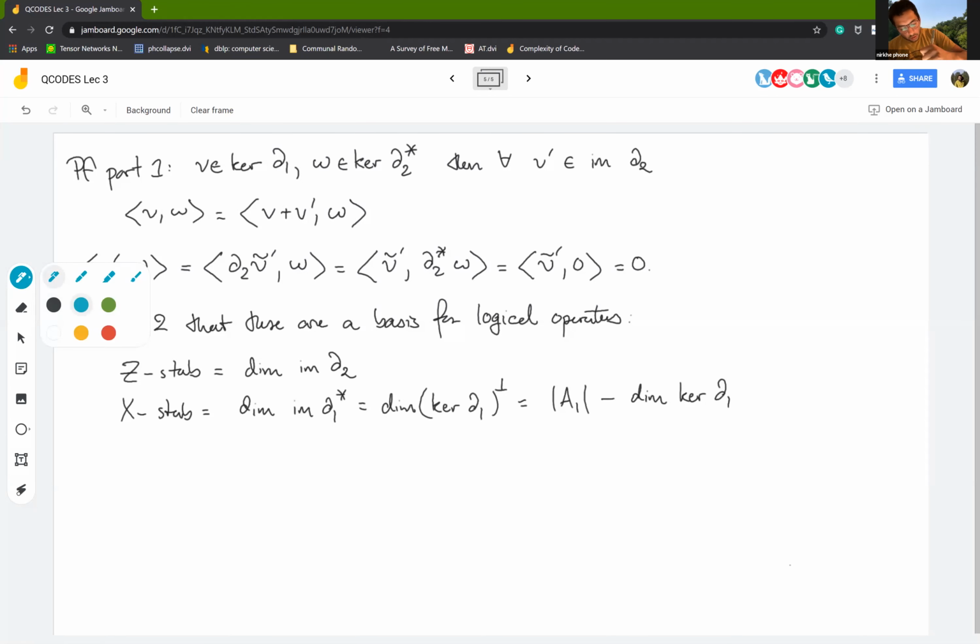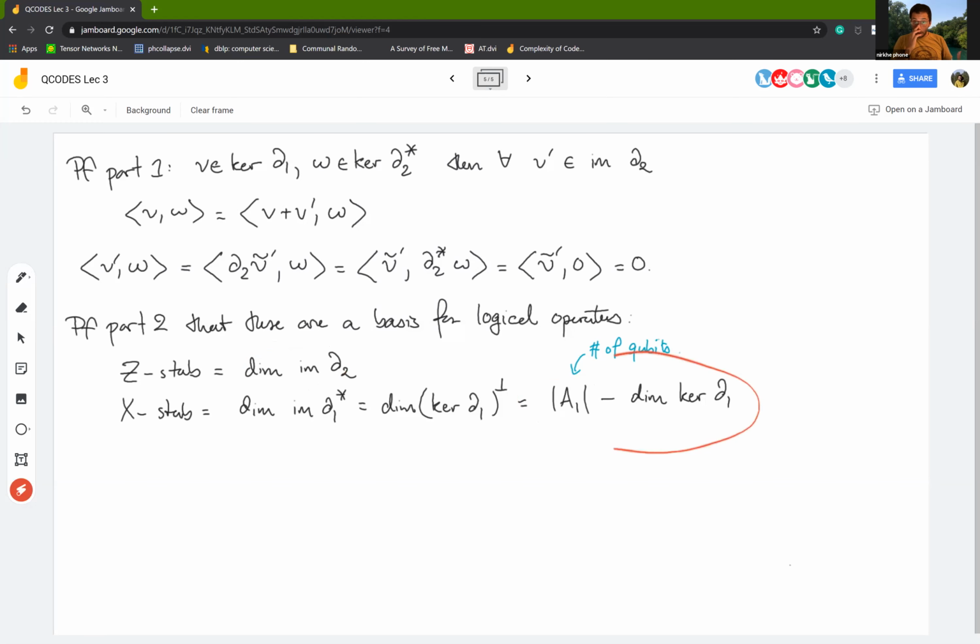And recall, this is the number of qubits. Okay, so the number of independent X stabilizers and Z stabilizers we've constructed so far is precisely the sum of this term and this term, right?